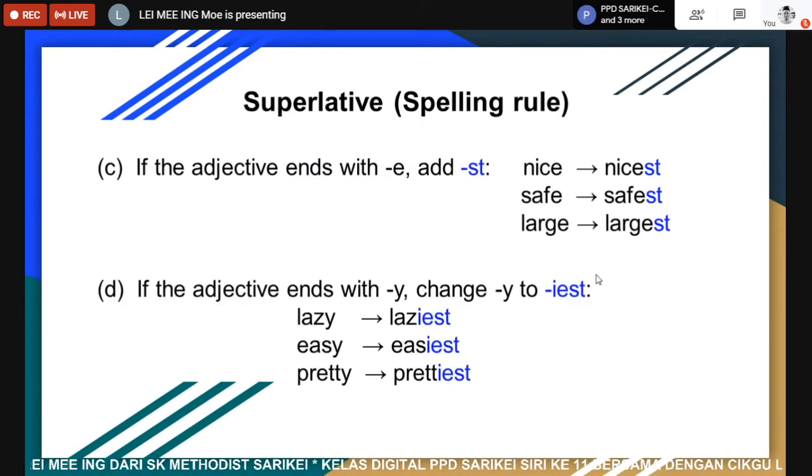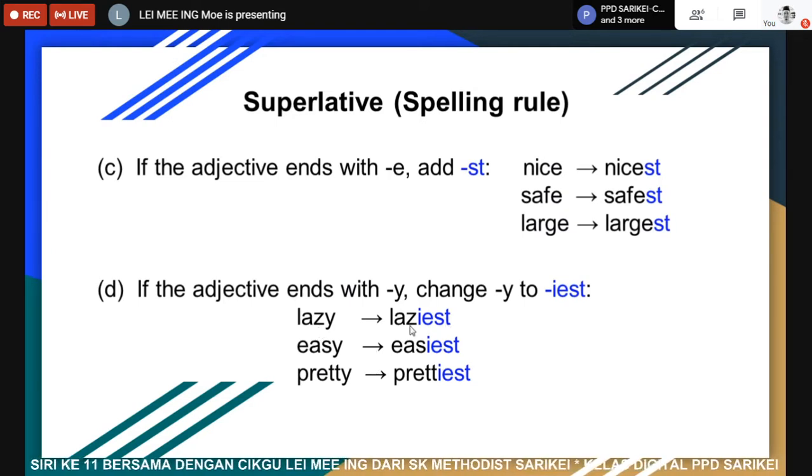Rule number 4. If the adjective ends with Y, you change Y into IEST. So we have lazy here. The last letter here is a Y. You drop the Y, you add IEST.